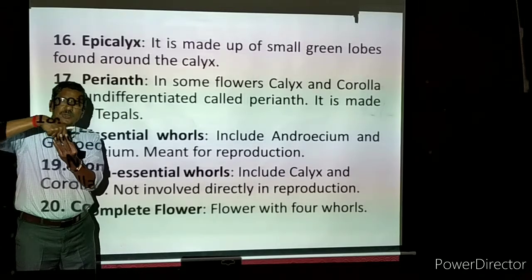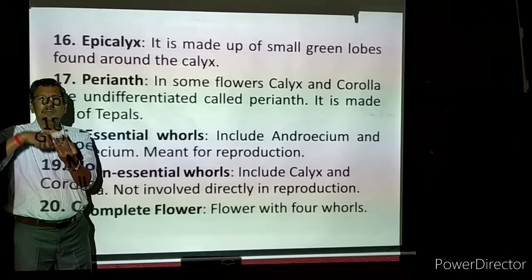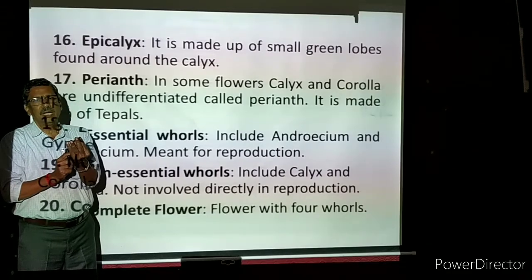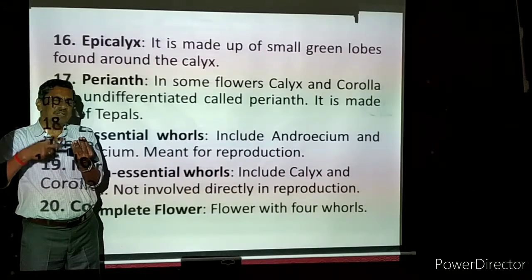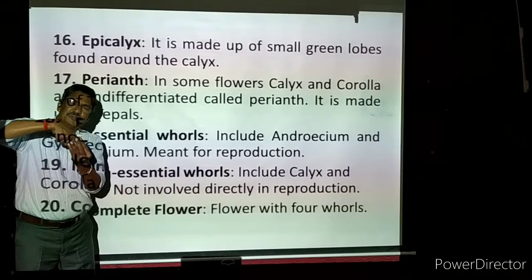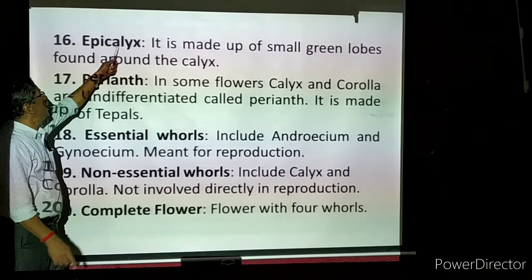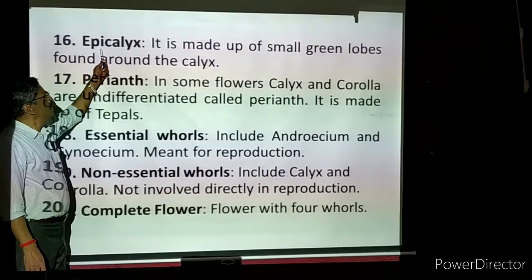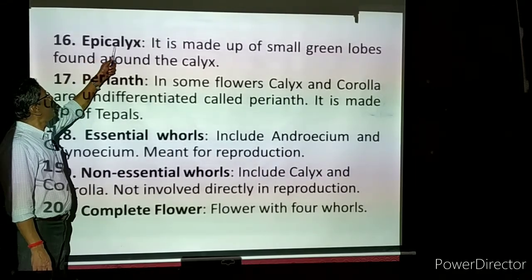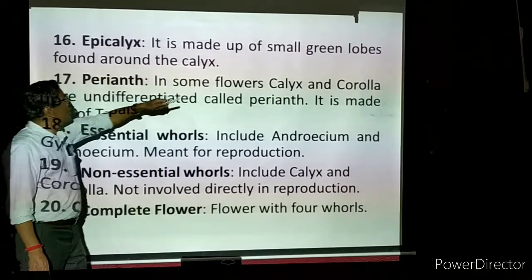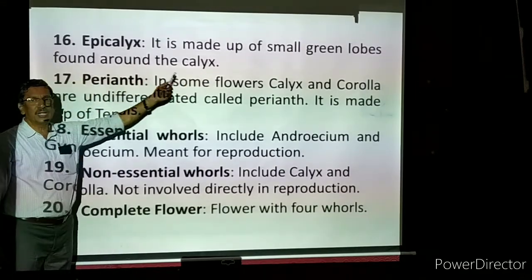Surrounding this calyx, one more whorl will be there, made up of thin, green, long lobes. Maybe 5, 6, 7, any number. They form the outermost whorl. This whorl is present around the calyx, so it is called an epicalyx. Epi means outer. Outside the calyx, we can find this whorl. It is made up of small green lobes found around the calyx.